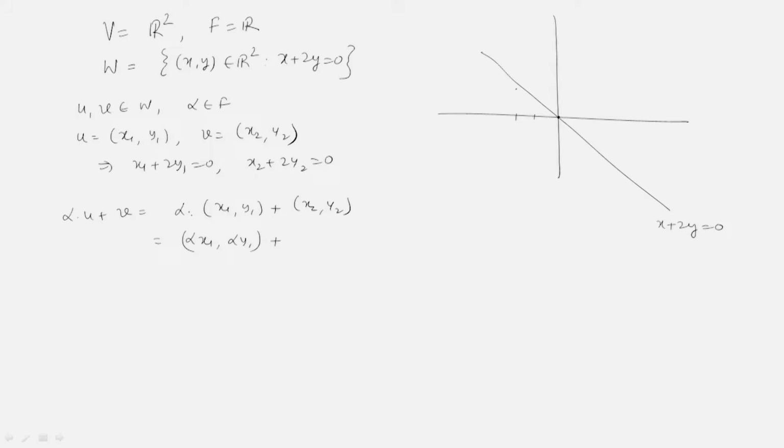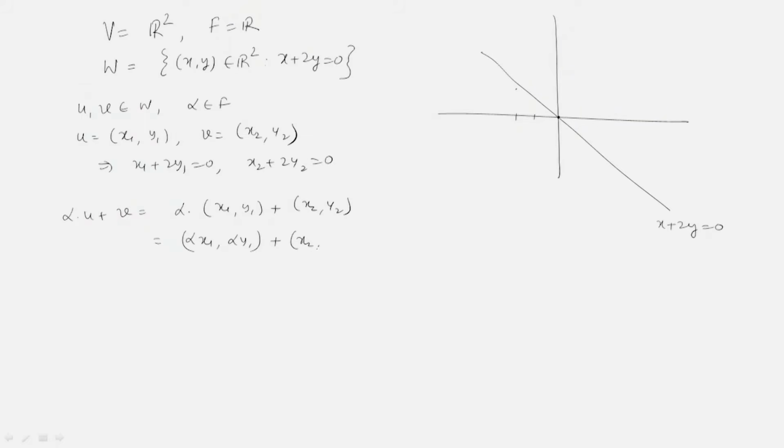Here I am taking the usual scalar multiplication because I am taking R2, with the standard vector addition. When you add them, it is simply (alpha x1 plus x2, alpha y1 plus y2), again by the standard vector addition.